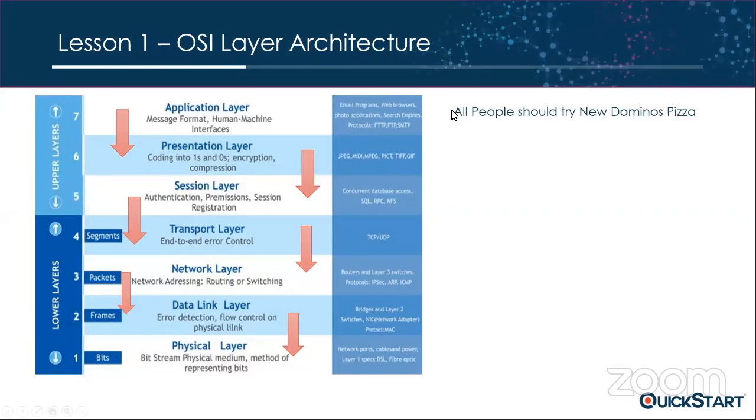So A belongs to application, then presentation, then session, then T is transport, then N is network, D is data link, and then P is for physical, right? The second one I've got from the bottom-up approach would be: Please Do Not Throw Sausage Pizza Away, right?